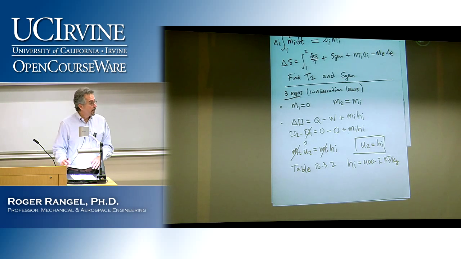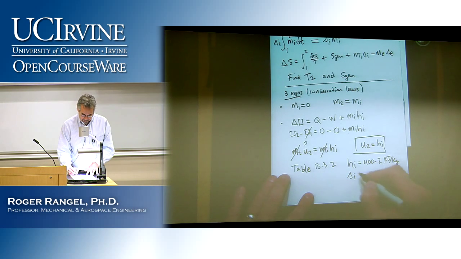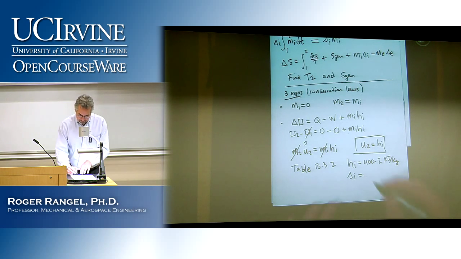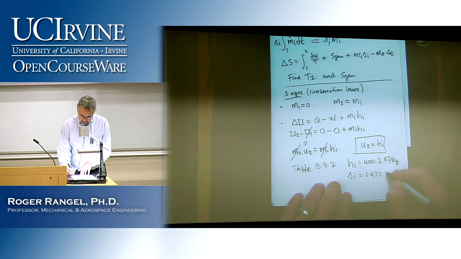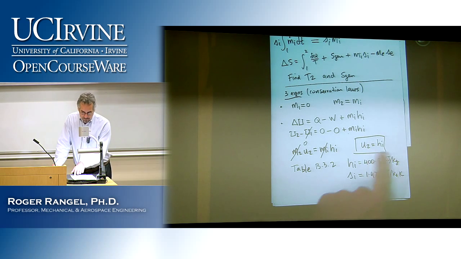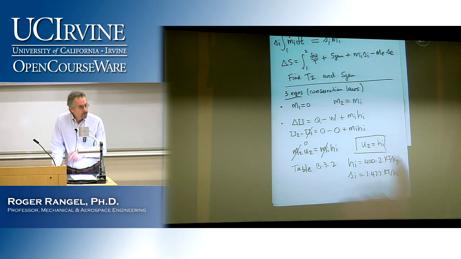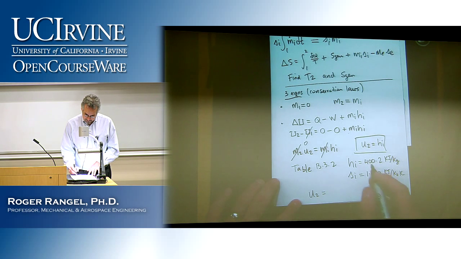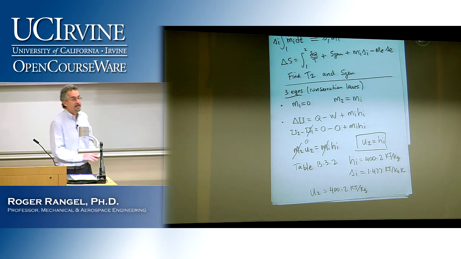And I'll also read the entropy, s_i, and that's going to be 1.477 kilojoules per kilogram Kelvin. Get those two values. So the first law of thermodynamics tells me that u2 is h_i, so u2 is 400.2 kilojoules per kilogram. So I know that about the final state.